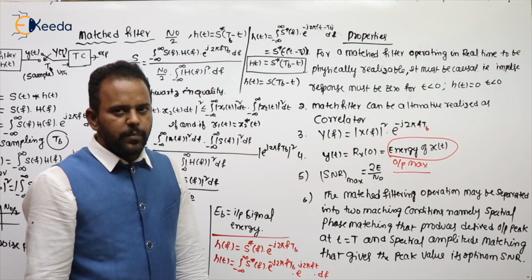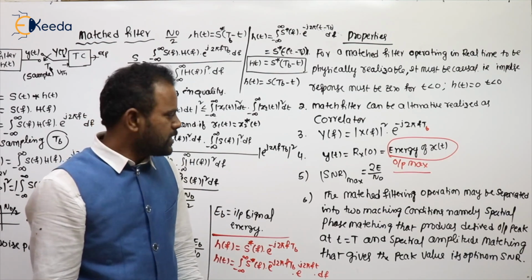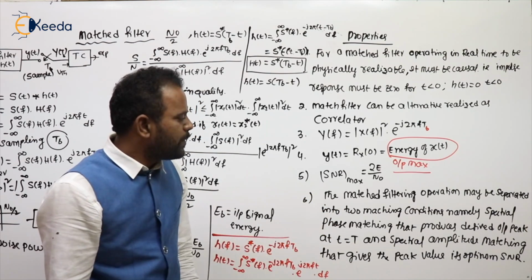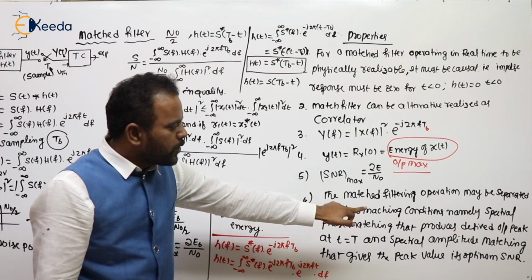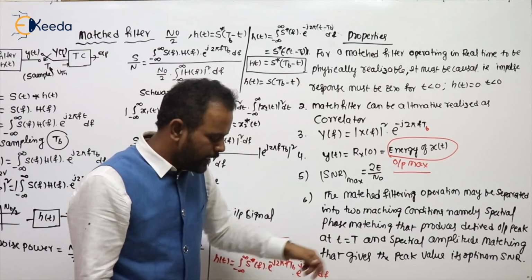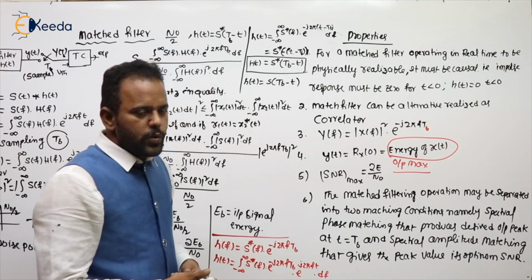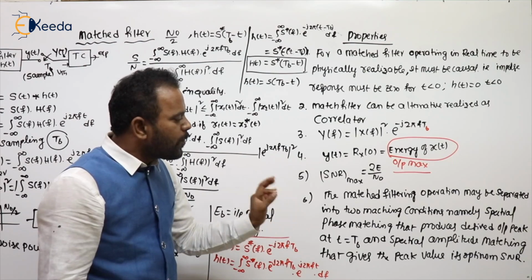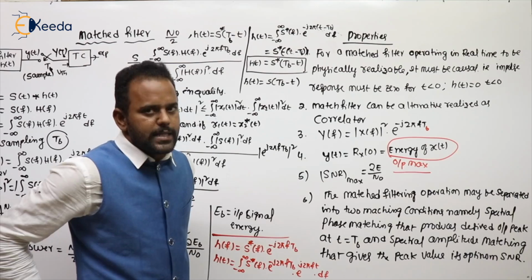And the last point, the matched filter can be split into two conditions. The matched filtering operation can be separated into two matching conditions, namely spectral phase matching that produces a desired output peak at t equal to TB, where TB means the duration of the input, and spectral amplitude matching that gives the peak value to get its optimum SNR, that is maximum SNR.